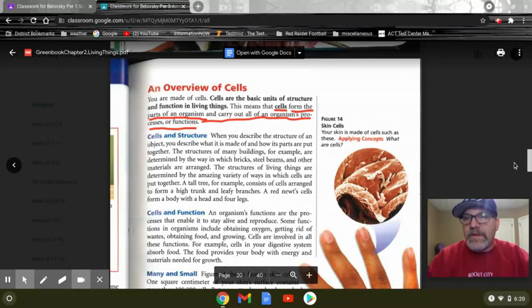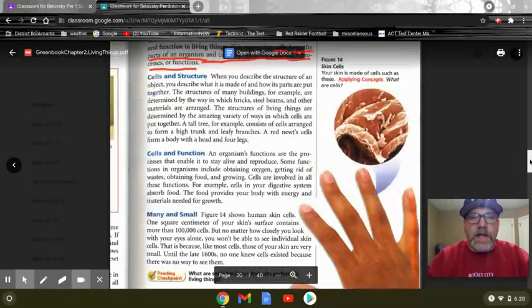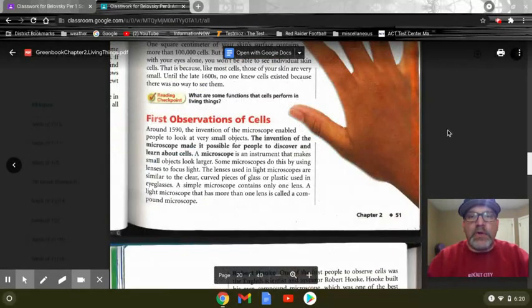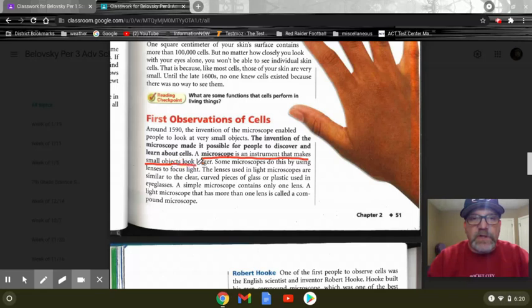Well, if we come down a little bit here, and if you will look right here, you will see microscope. All right. So what do you need to write for microscope? A microscope is an instrument that makes small objects look larger. Okay. Hit pause and we'll talk about it.